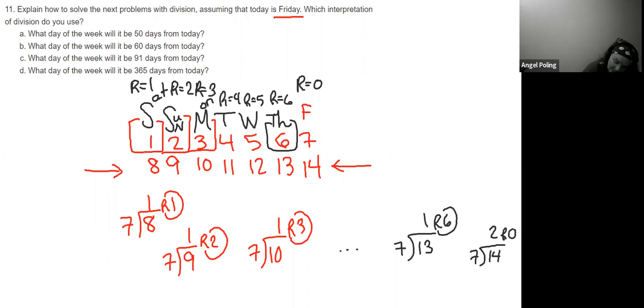We are definitely grouping. So we're finding the number of groups. We're talking about how many weeks there are and then the remainder, right? Because in 8 days, you have 1 week, remainder 1 day. So we're finding the how-many-groups perspective.